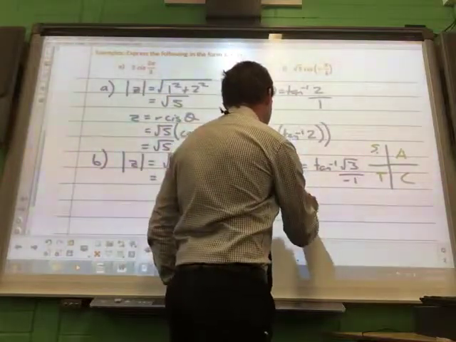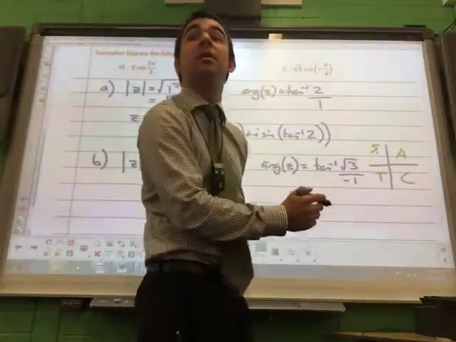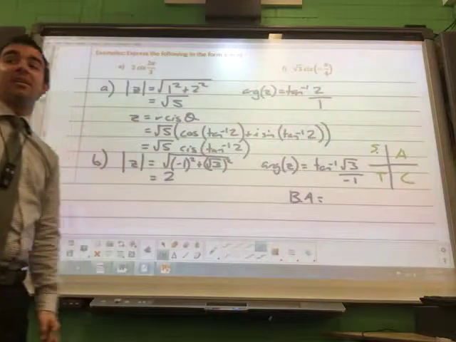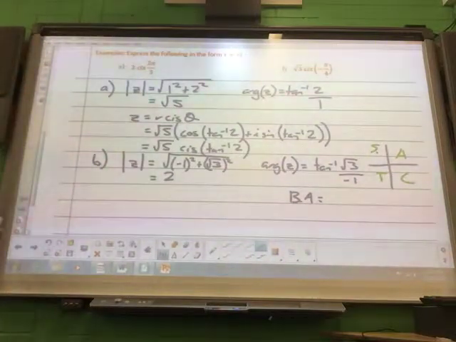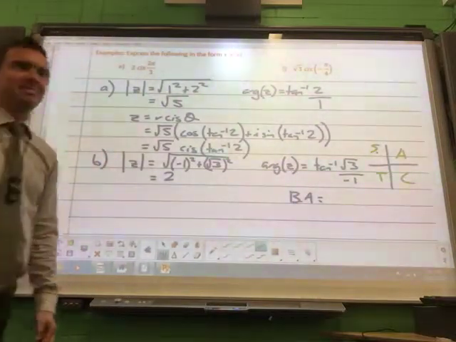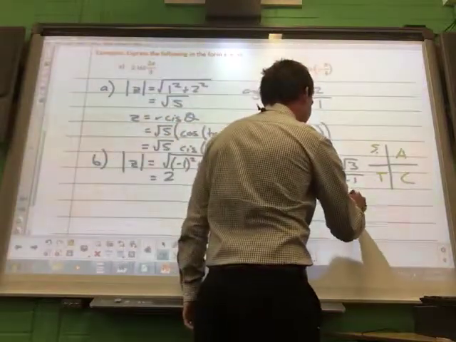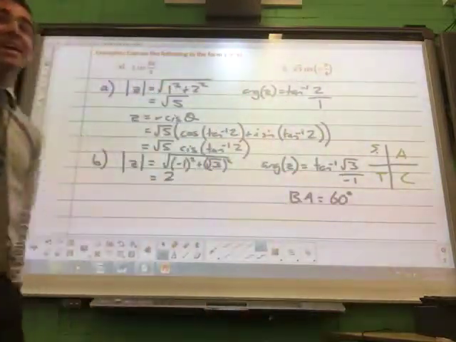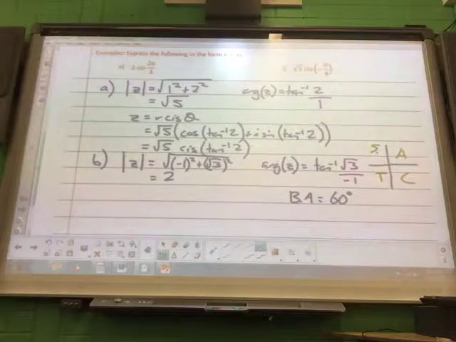Tan of what angle makes root 3? 30. Okay, need to remember that. So the basic angle is that.